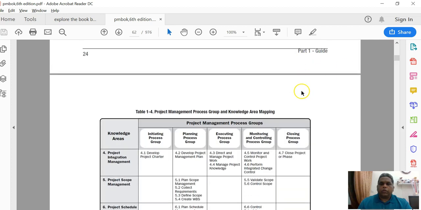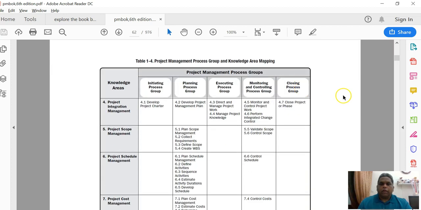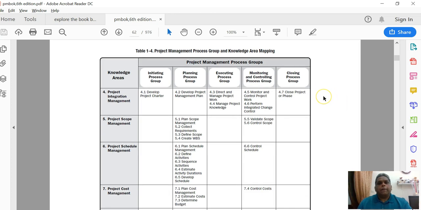Page 25. Now that is a very important map that you would need to keep in mind if you are planning to either prepare for the project management professional examination, or if you intend to customize the framework to develop a methodology for your organization.